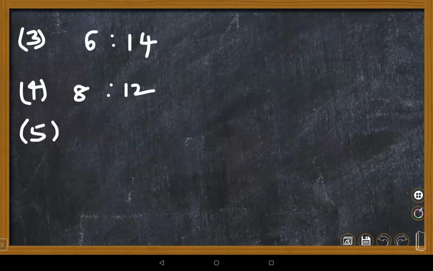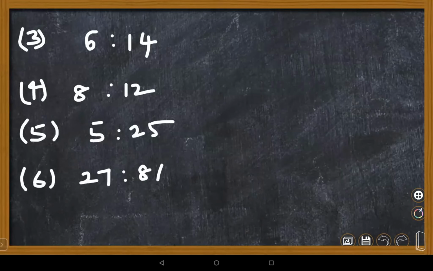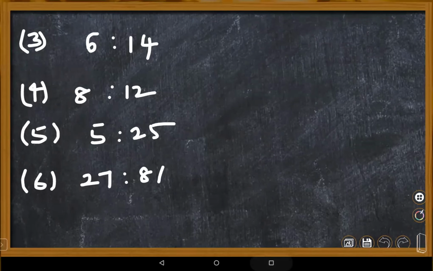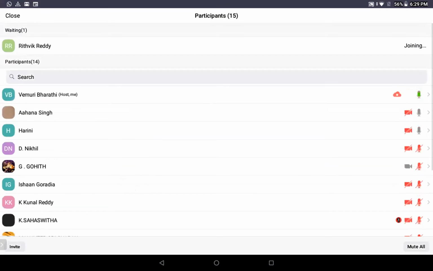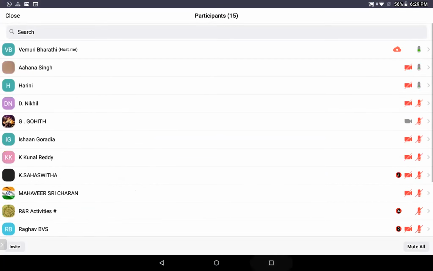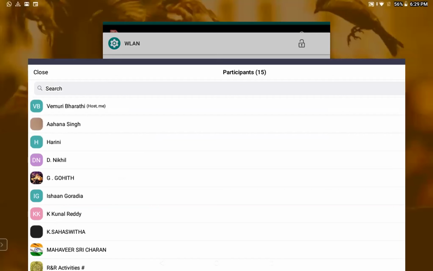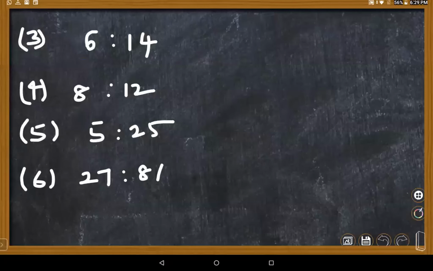Ma'am, I have a doubt. 5 is to 25. Yes, Harini? If there is 6 is to 14, is there a rule that it should go only as 6 by 14, or can it go like 14 by 6? It's 6 by 14. I first write whatever quantity is given first. But if it is a word problem, you have to see the condition, which is given first, apples or mangoes, and go through it.